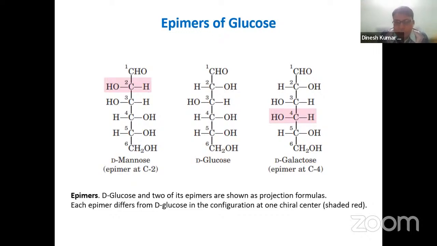Carbon number 2, only a single change in the hydroxyl group position. If the change occurs at position number 4, then it becomes galactose. Galactose is also important because it is present in lactose, which is a disaccharide present in milk. So these are the epimers of glucose.